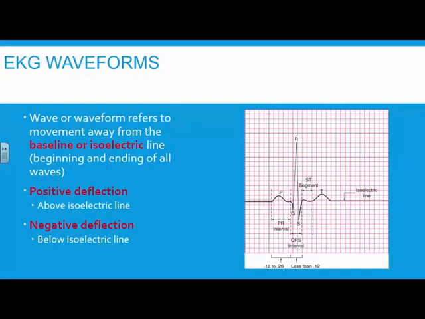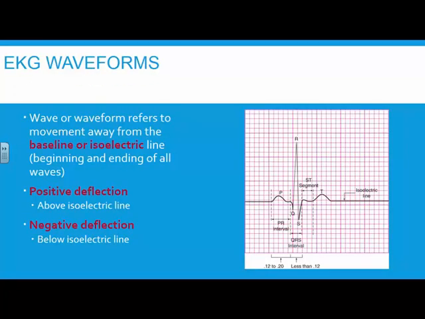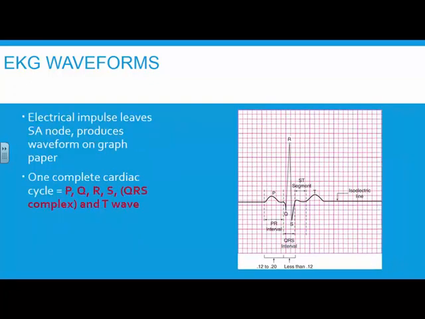Anything pointed negative or downward below the isoelectric line is considered a negative deflection. What does that mean? That means that when we're taking a look using ECG leads, any electrical current that is traveling towards the positive lead is up, and if that current travels away from the positive lead, it's down, it's negative. It will make a little more sense if you're not following me in a few minutes when we get into the leads, okay?